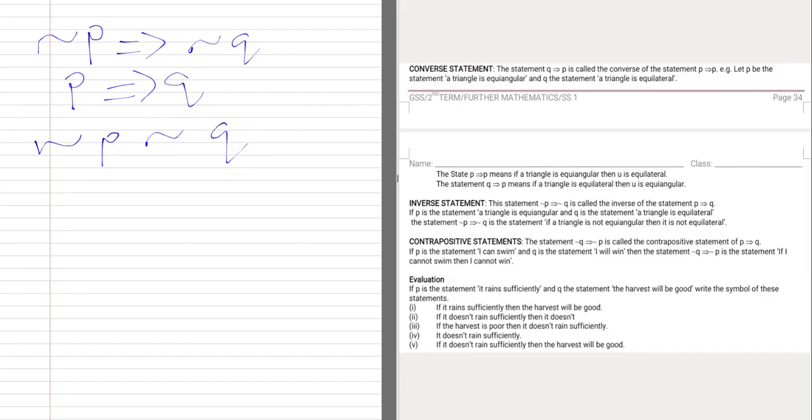Sorry, let me put the sign first. So the negation of P conditional to negation of Q will be: if a triangle is not equiangular, then it is not equilateral. Are you seeing that now?